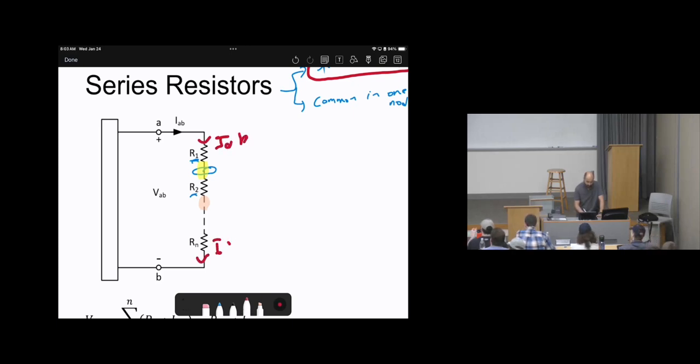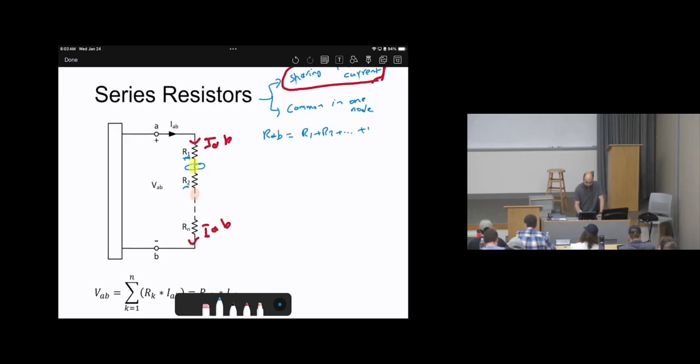It will not be changed. So as a result, R1, R2, up to Rn, all of them are in series. Then the formula for the equivalent is the sum R1 plus R2, etc. plus Rn. Okay?